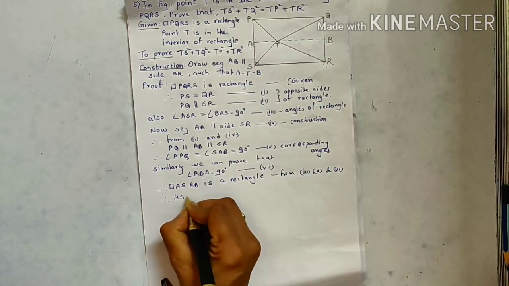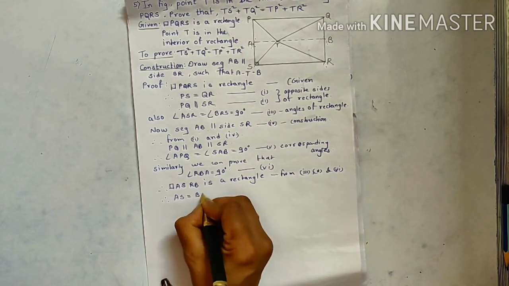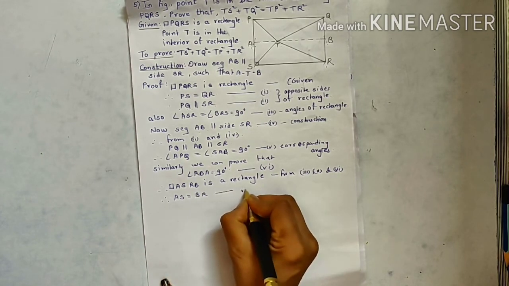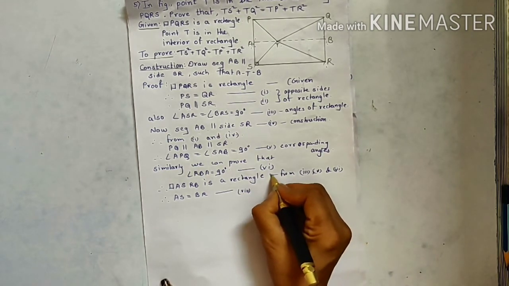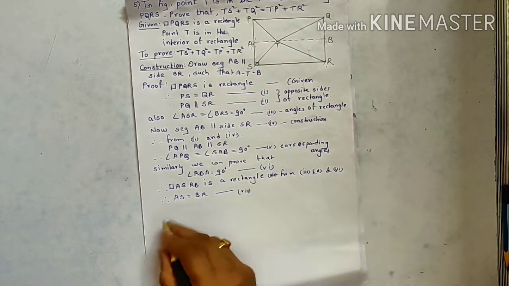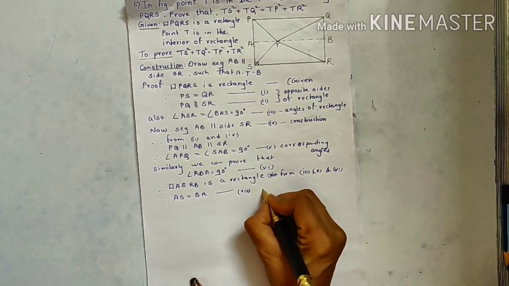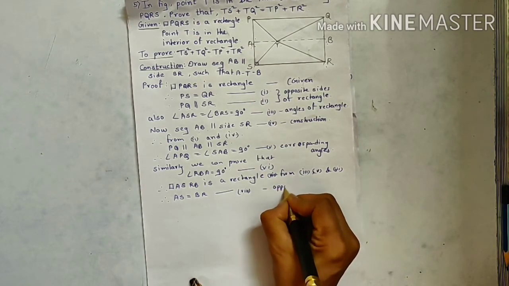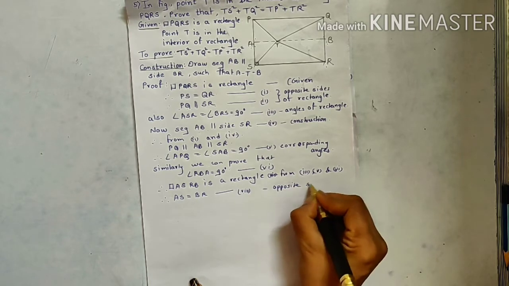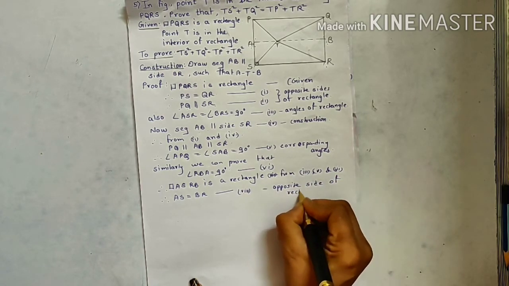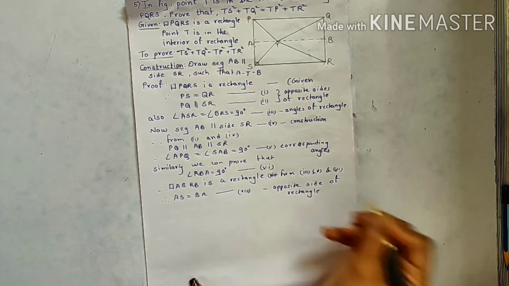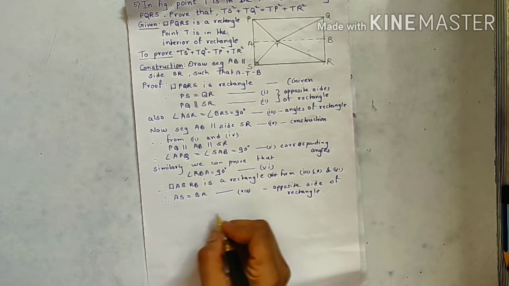Why? Because they are the opposite sides of a rectangle. Number it as 8. This is 7. This is 8. Reason: opposite sides of a rectangle.